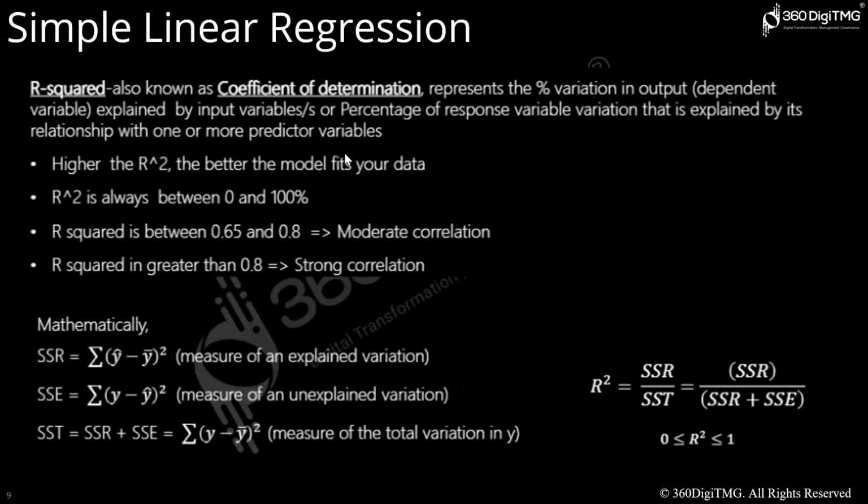Now is the simple linear regression. We have R squared, which is also known as coefficient of determination.